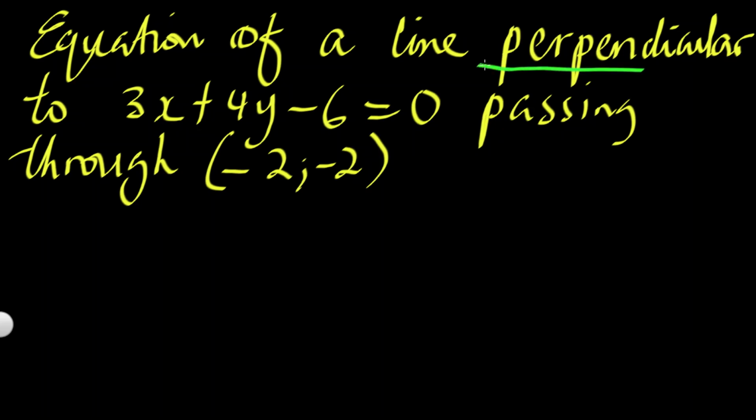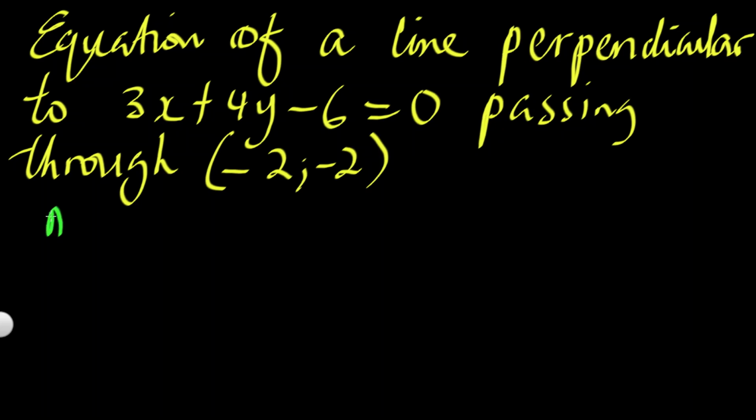Now, the word perpendicular means these two lines are meeting at a right angle. So the two lines are perpendicular to each other. What do we know about perpendicular lines? We know that if we multiply their gradients, we get minus 1.